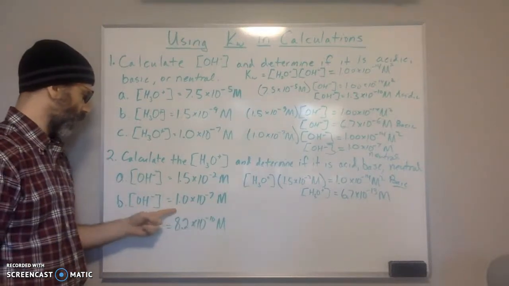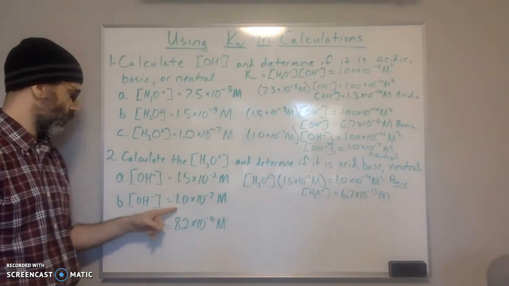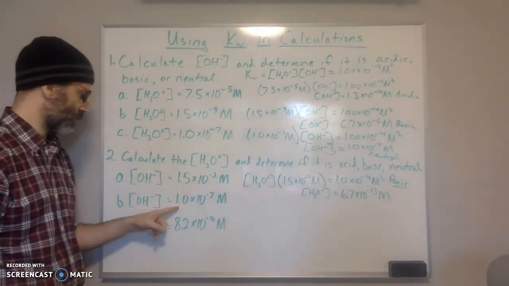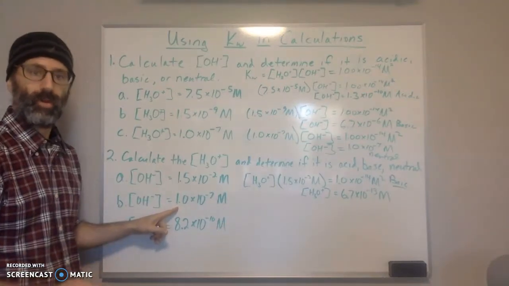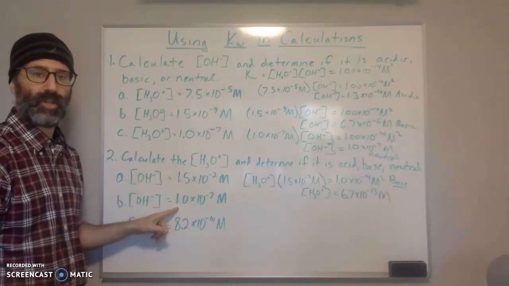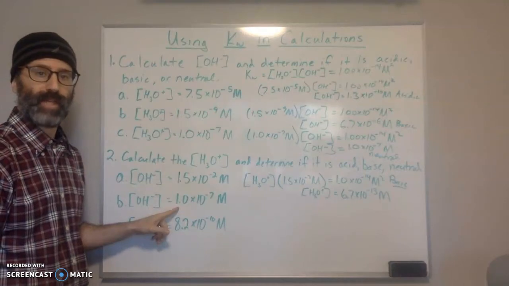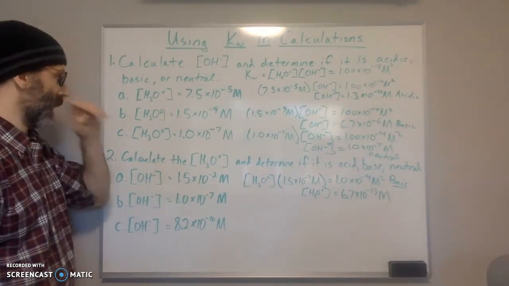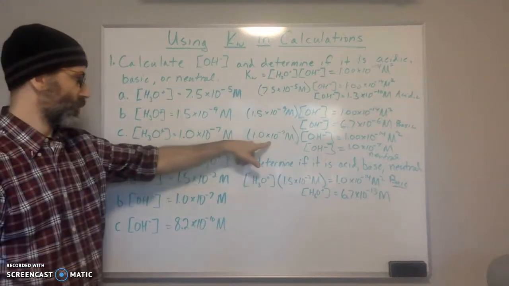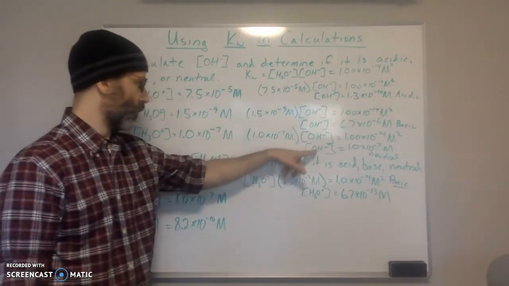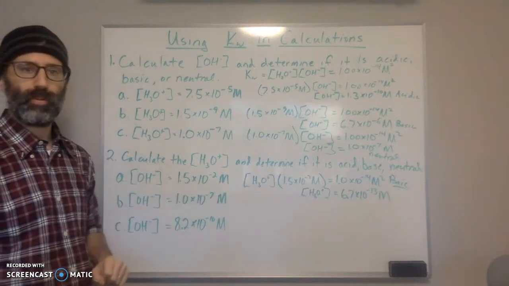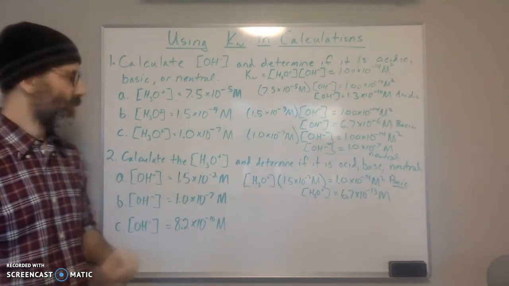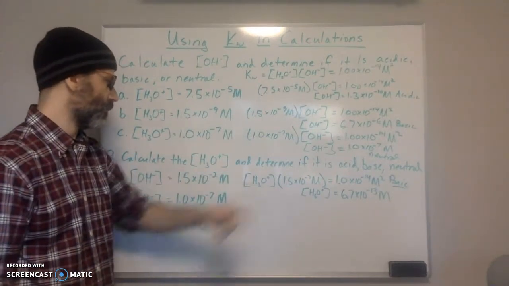Again, right away, we know that the OH- concentration of 1.0 times 10 to the negative 7 represents a neutral solution. We would do the same exact calculation that we did here. The only difference is that we would now be solving for the H3O+ concentration. So exactly the same setup here.